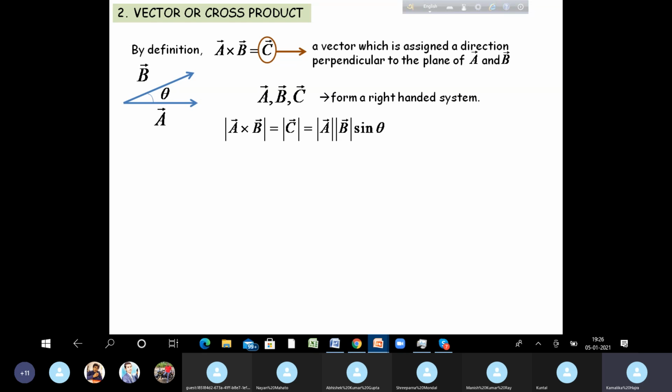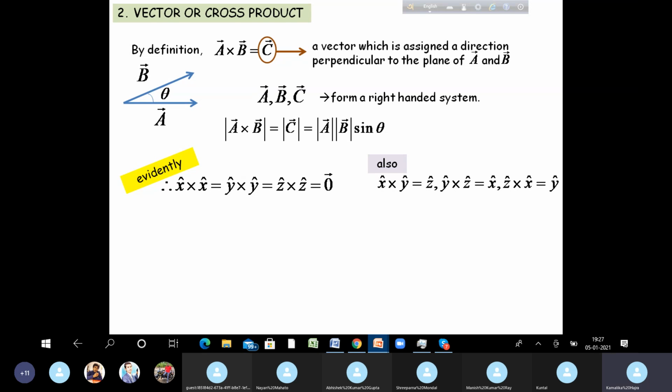So dot product was cosine of the angle, cross product is sine of the angle. As a result, x cross x, y cross y, z cross z will all be 0, because if theta is 0, then the value of the cross product becomes 0. In other words, if two vectors are parallel to each other, the cross product becomes 0.